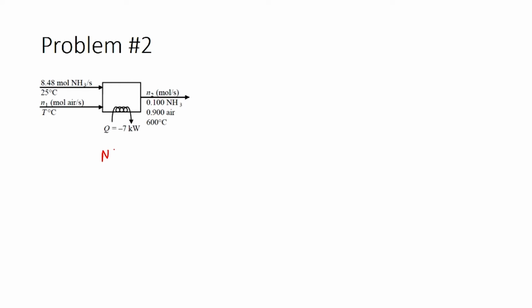So, the material balance calculation would be: ammonia which is coming in at 8.48 accounts for 0.1 times N2. So, from here we can calculate N2 as 84.8 moles per second.